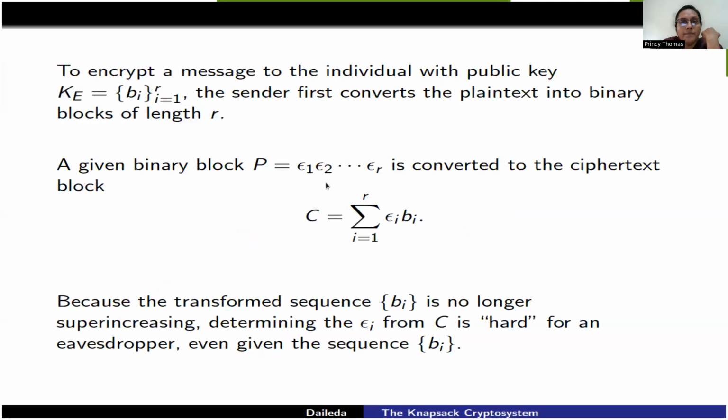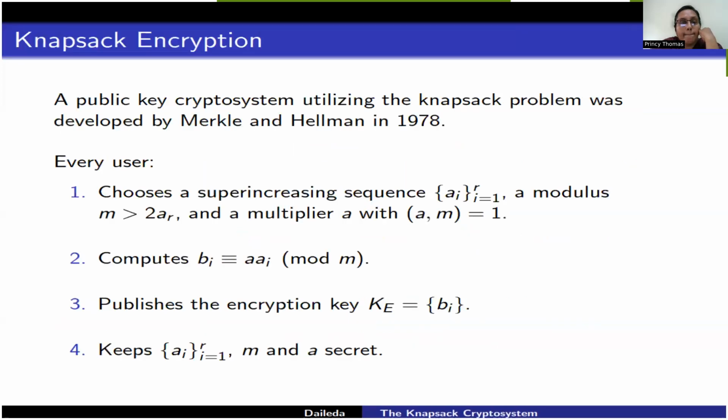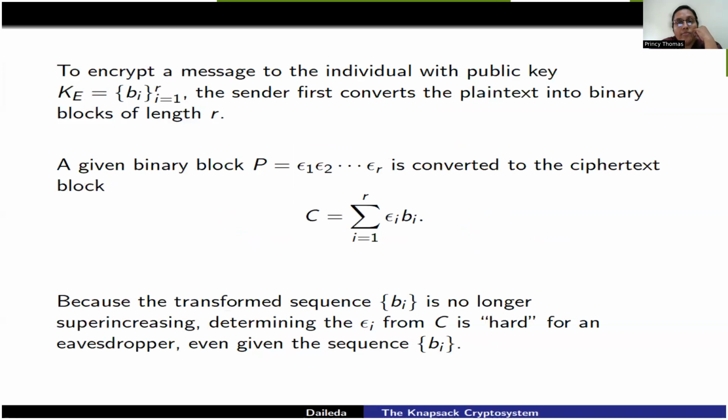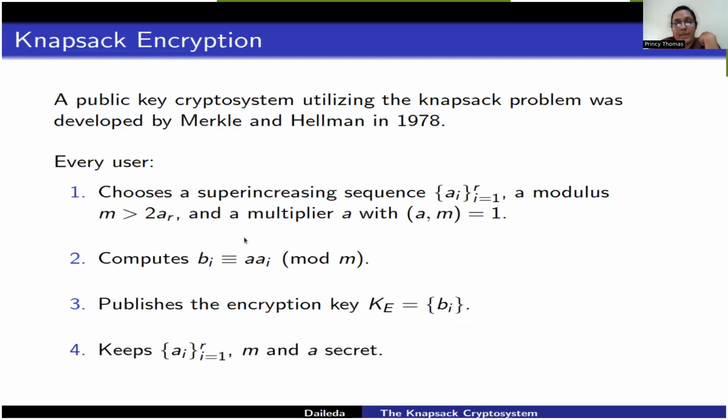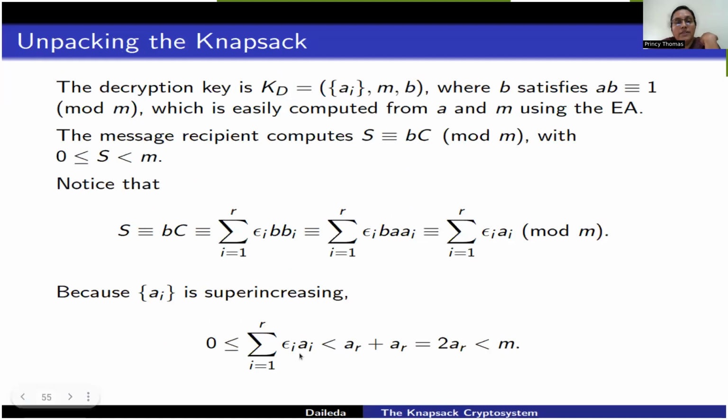What was the original message? Let's go back. Here the original message is epsilon_1, epsilon_2, and so on up to epsilon_r. Here we have all the epsilon_i values, and the a_i values we already know.